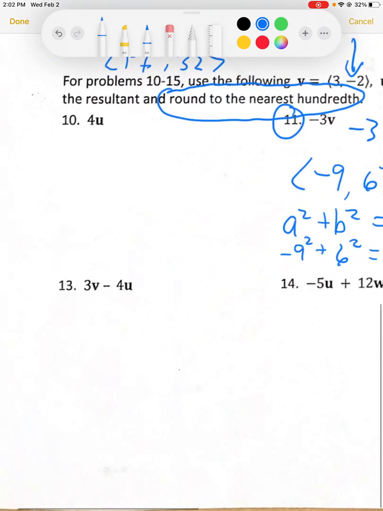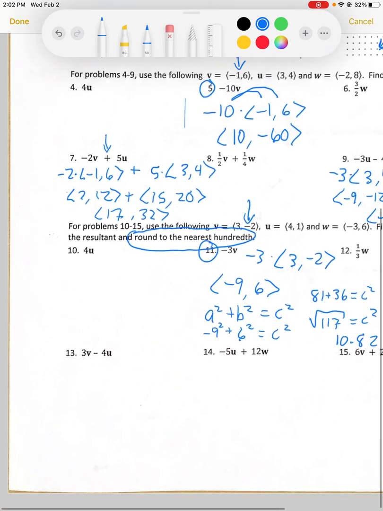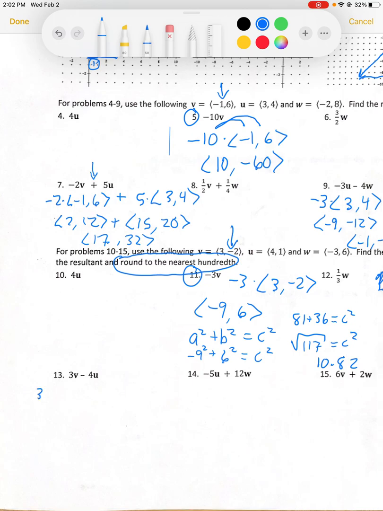All right, so let's go to 13. We have 3v plus 4w. That's going to be 3 times 3, negative 2, minus 4u, which is 4, 1.